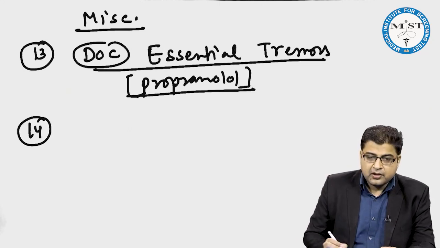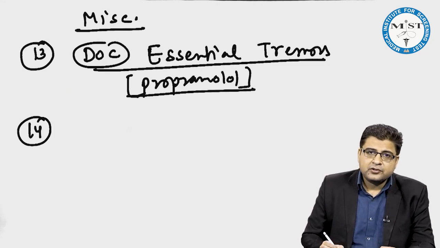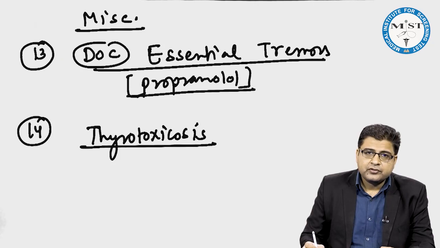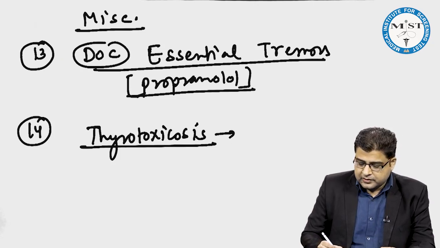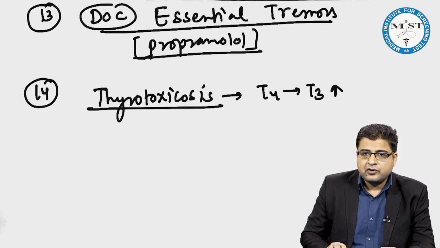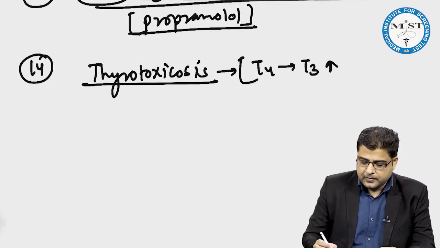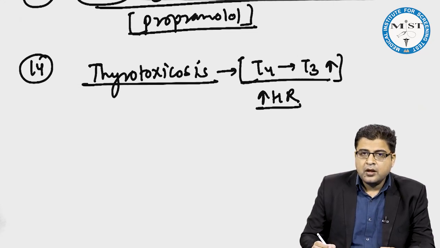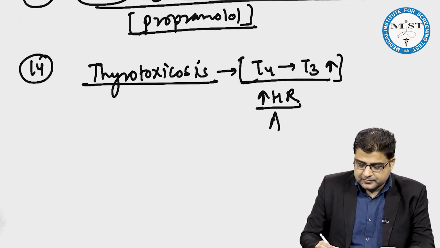Next indication, these medicines are also given for thyrotoxicosis. In patients of thyrotoxicosis, we know that the T3 level is very high, so conversion of T4 to T3 is high. Apart from that, the patient will have tachycardias and arrhythmias.